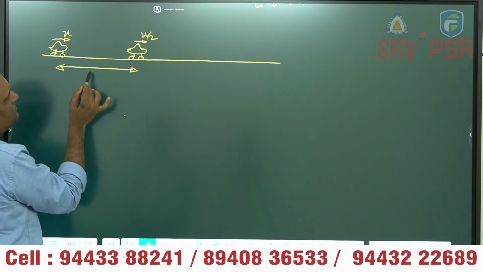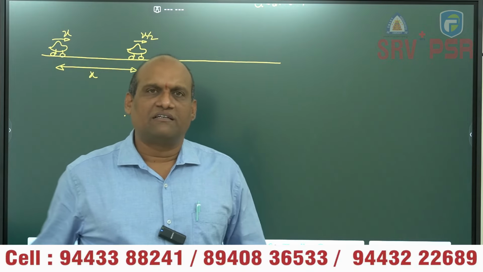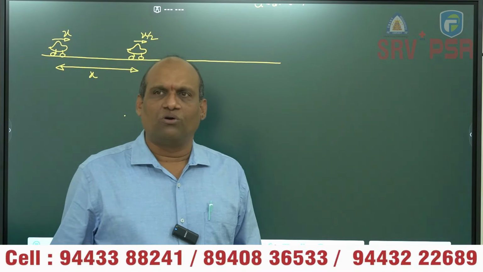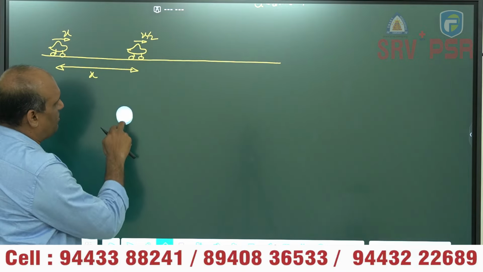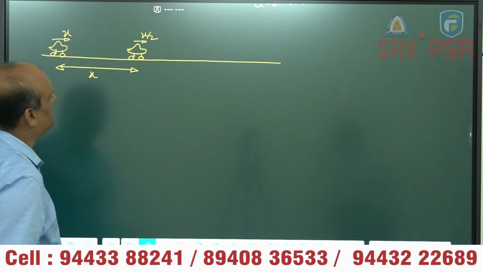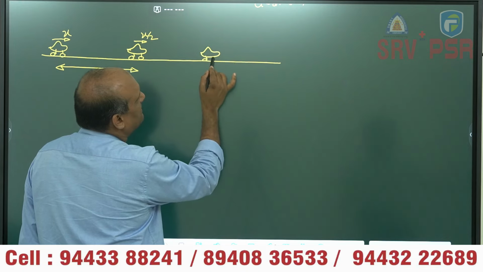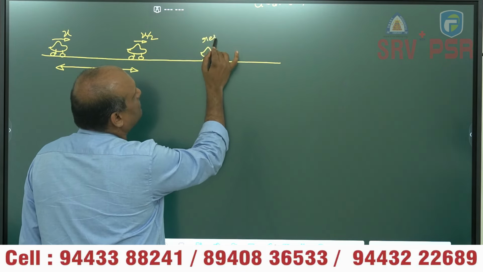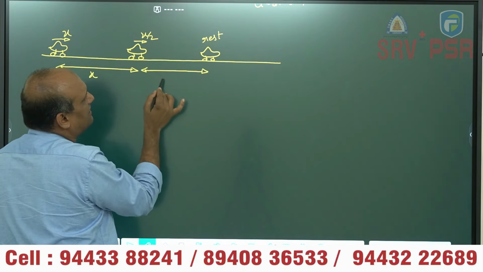Means you are driving the bike and your car has covered x distance before the velocity reduces to half. And my question is, find the further distance it covers before it stops, before it comes to rest. How much distance it covers?